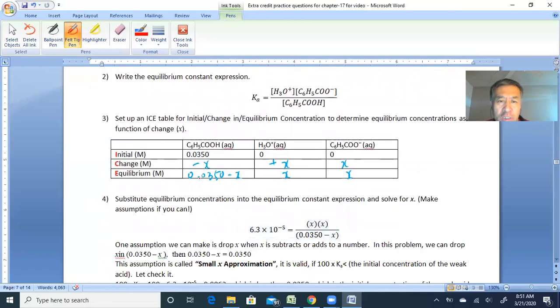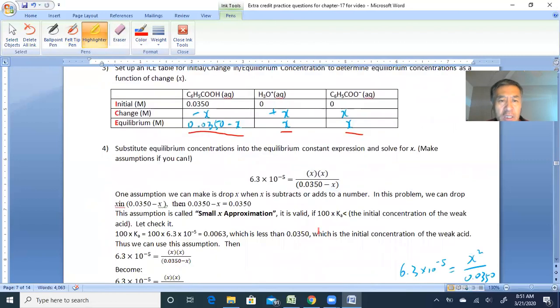So next, we'll take these three expressions and substitute them into that equation. So therefore, together with the given Ka, we have this equation. So one assumption we can make is to drop x when x is subtracted from or added to a number.